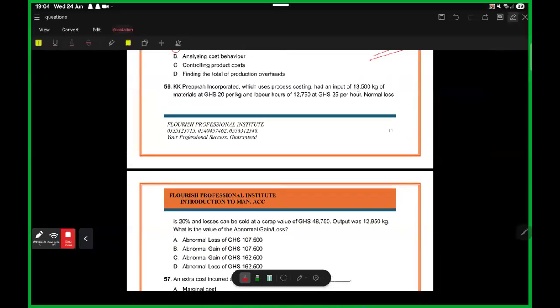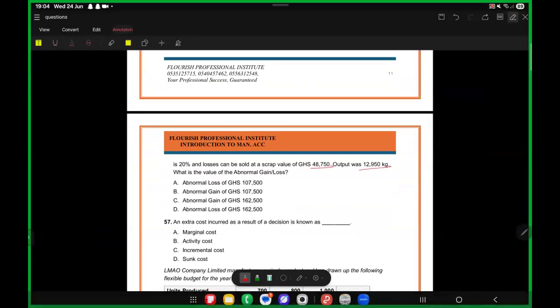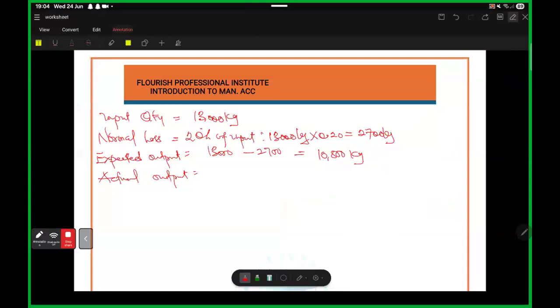So we have input here, and then the price of the input is this. Labor is given to us at its price. Normal loss is this. And losses are to be sold at this. The output is given as 12,950 kg.